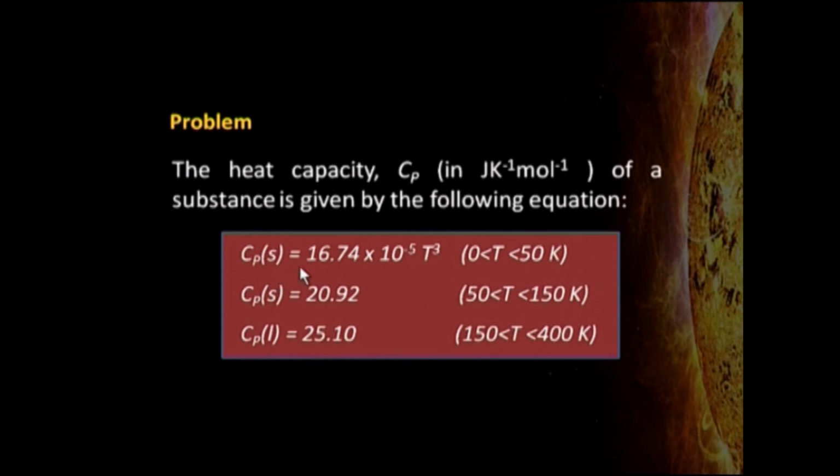Cp of solid is equal to 16.74 into 10 to the power minus 5 T cube, where T is between 0 and 50 Kelvin, and Cp of solid equals 20.92 when temperature is between 50 and 150 Kelvin, and Cp of liquid is equal to 25.10 when temperature is between 150 and 400 Kelvin.